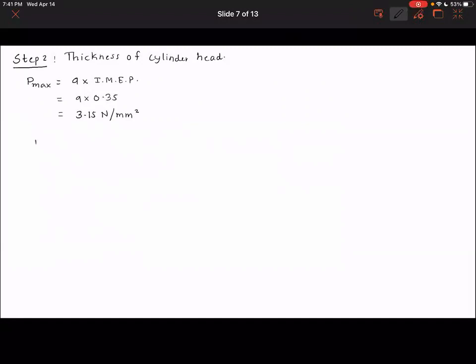And the thickness of the cylinder head is D times square root of C P divided by sigma T. So D is equal to 115, C is 0.1 multiplied by 3.15 divided by, and I'm going to assume sigma t is equal to say 45 Newton per millimeter square.